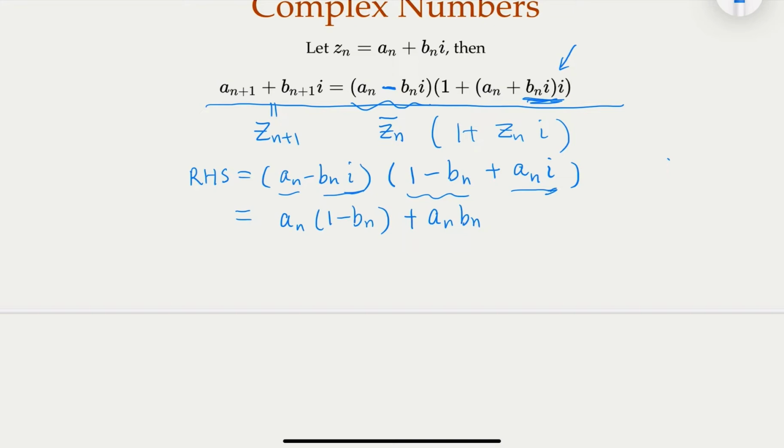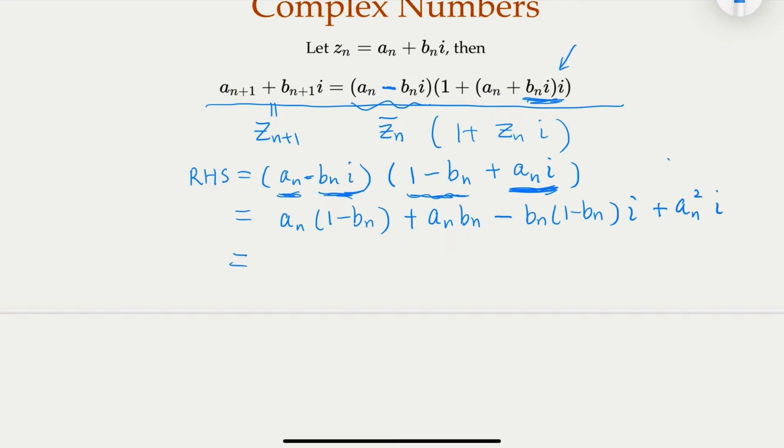Then the imaginary part: you have negative bn i times the real part, so negative bn times (1 minus bn), and the other part, the imaginary part times the real part an, so an squared i plus an squared i.